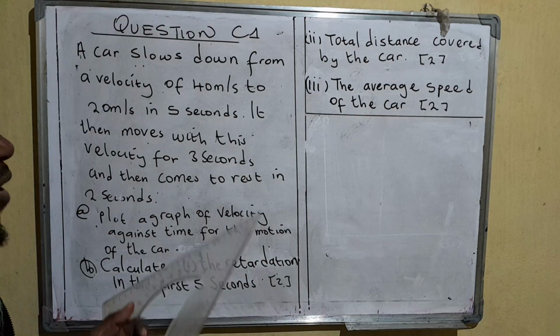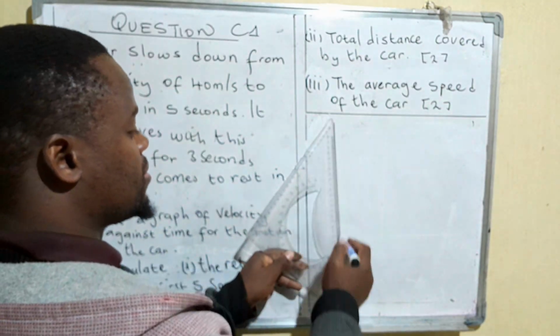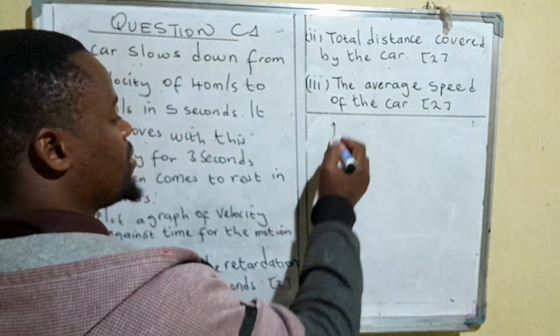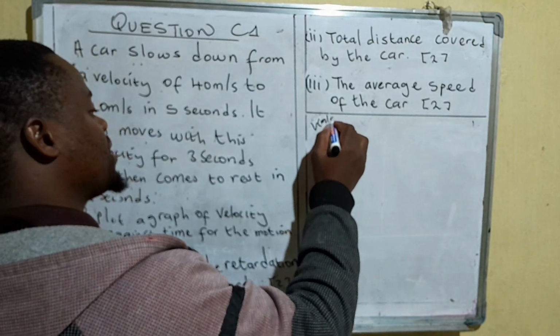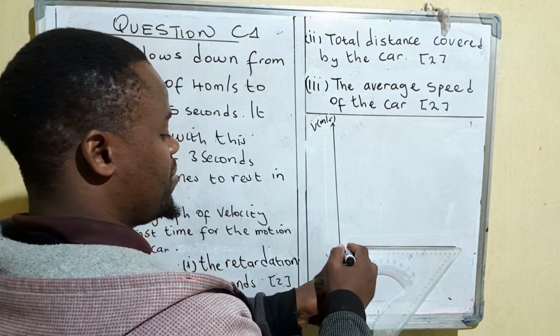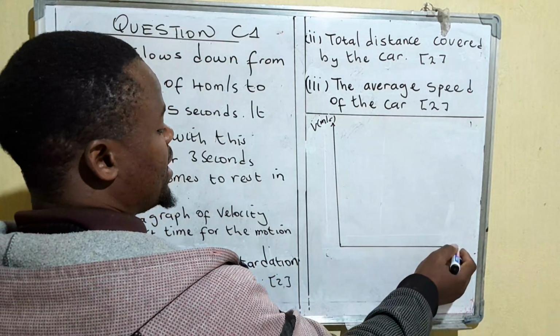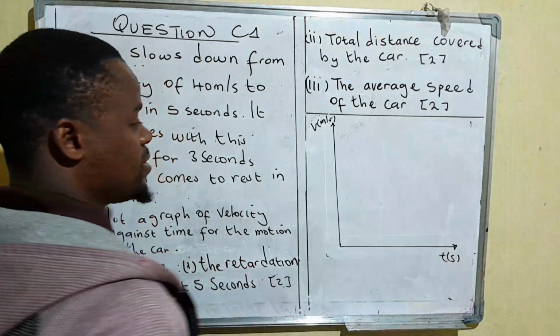We know that velocity is always denoted by the vertical axis. So velocity is here, measured in meters per second. Then we have time lying on the x-axis, and it's in seconds.